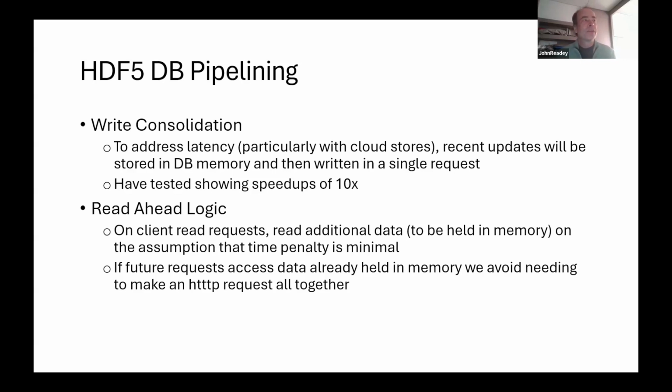So if I'm, say, reading a 2D dataset and the application is reading one row, it might make sense to read the next 10 rows because the cost of that HTTP request will not be any more than reading one row. But now you'll have those next 9 rows in your memory database. And so when the application hopefully goes around and reads the second row, you'll get that basically instantly because it'll just be reading from memory into the code for the client.